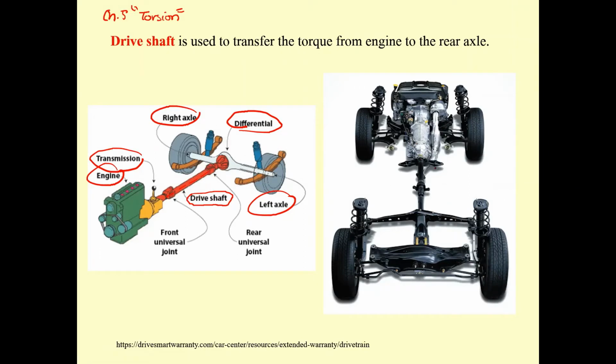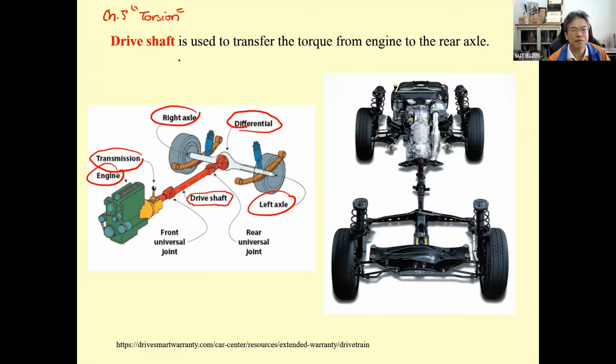Okay, this is going to be the shaft, and you can see the shaft will have a circular section, and it can be a solid section or it can be a hollow section. The hollow section is the one that's more efficient when compared to the solid section.